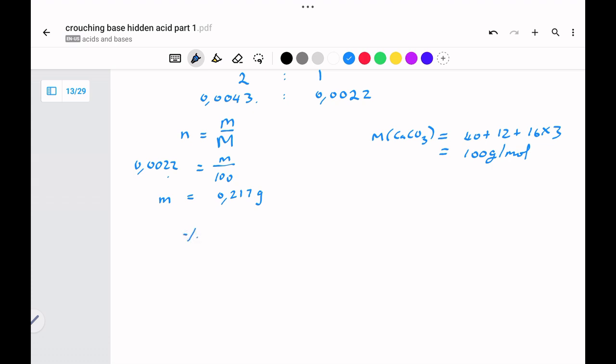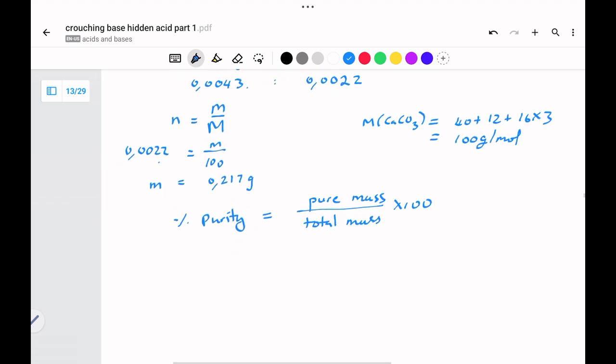And now the percentage purity formula. Okay, so the percentage purity is going to be, total mass was 1.2. %. Done.